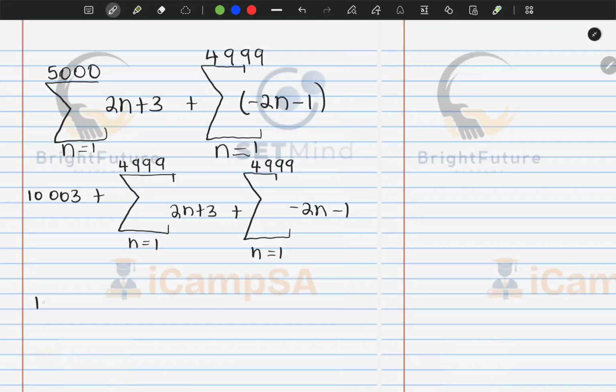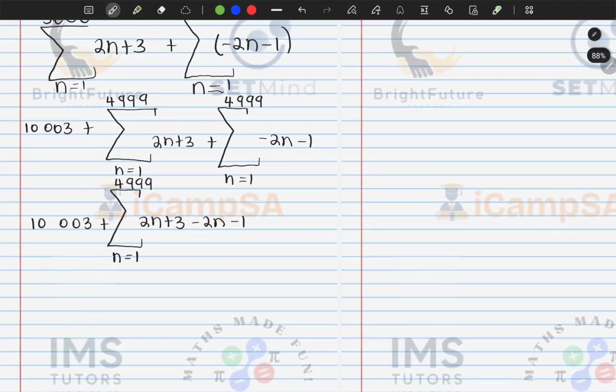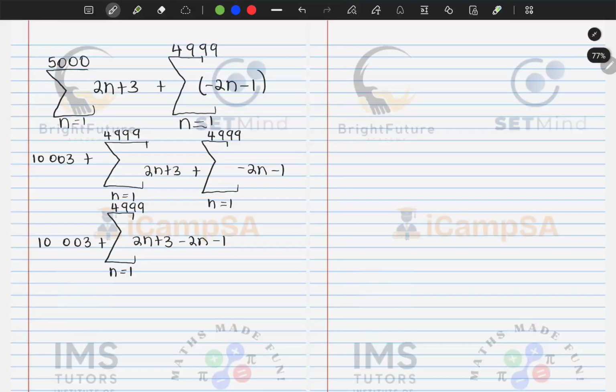So if we go just below, what you will see is that these will combine into just one sigma notation. So we'll have 4,999, and this will be starting at 1, and we'll have 2n plus 3 minus 2n minus 1. And if you observe carefully, the answer will just have 10,003 plus our sigma notation.